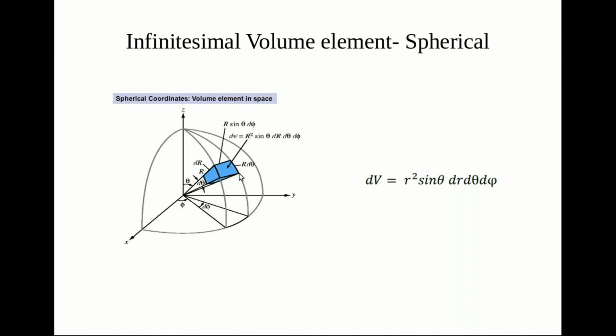Along this line theta changes and along this line phi changes. So this is dlr, this is dl theta and this is dl phi. dr into r d theta into r sin theta d phi, which is given by r square sin theta dr d theta d phi, because we have followed the system of using small r for spherical polar coordinates. So replace all these capital R with small r.